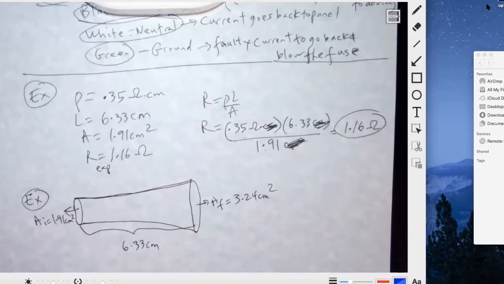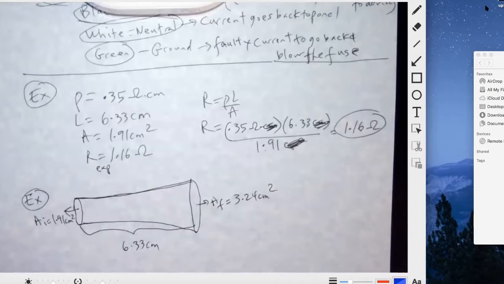I think resistance will be small. Okay, good. How many would say bigger? Anyone would say bigger? No? Okay.